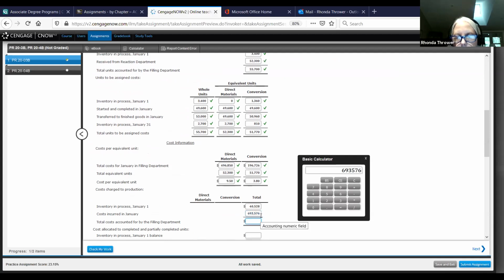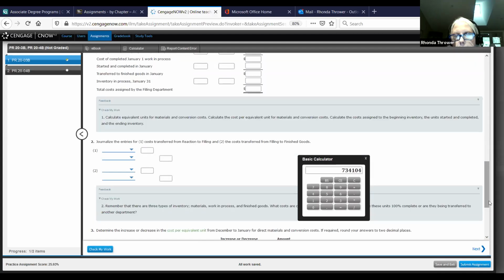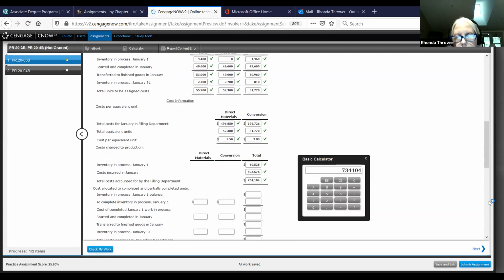I'm going to combine these costs with my beginning inventory cost, which was $40,528, and that will give me my total cost that I incurred this month. And I would definitely check your work to make sure your math is correct.